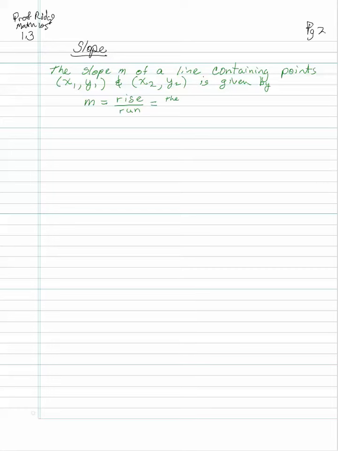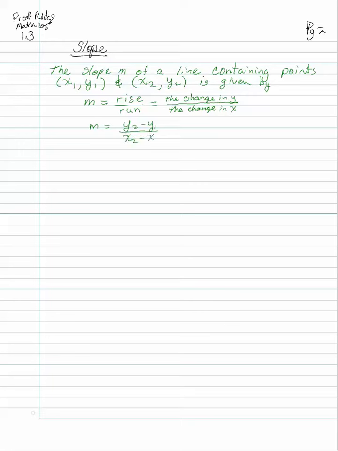So the change in y, vertical is y direction. Horizontal is the x direction. So mathematically, the way we figure that out is we say m equals, we subtract the y coordinates. That's the change in the vertical direction. And then we subtract the x coordinates.